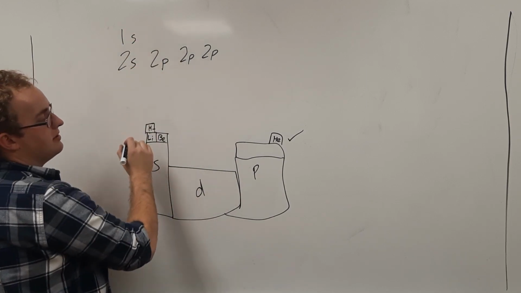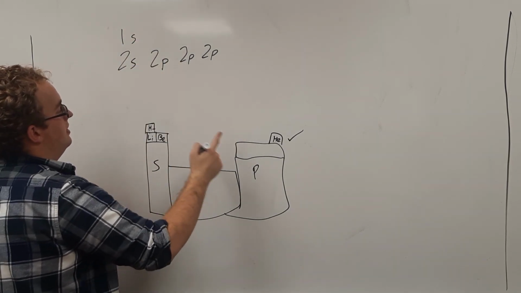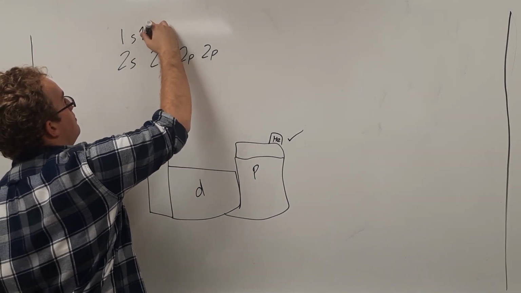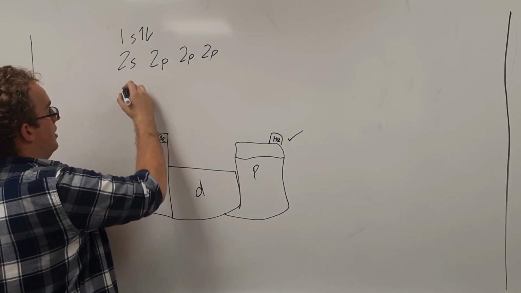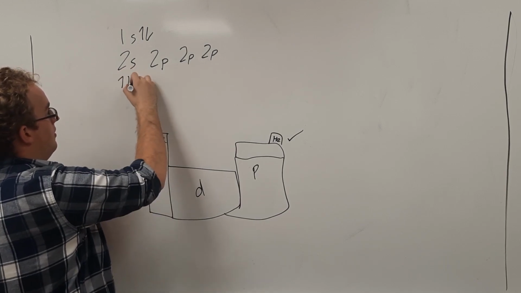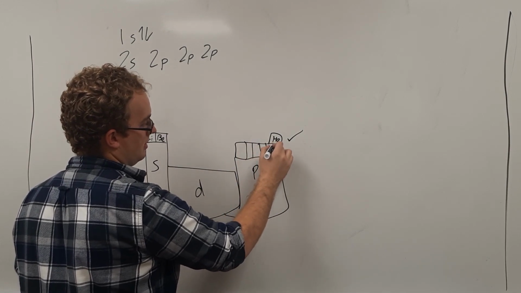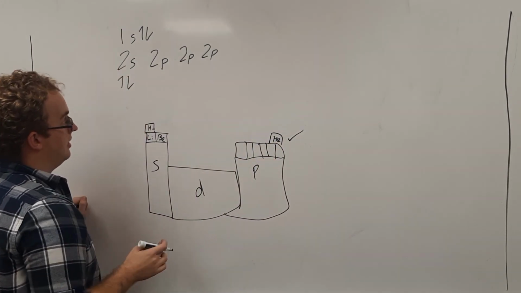In theory, let's work this forwards as if we were filling orbitals. We do 1, 2 in the s's. So boom, boom, and then the 2s, there's 1 there. The beryllium has 1 more. And now we can start filling our p orbitals. There's 6 total elements here.